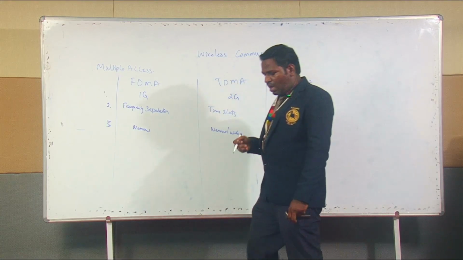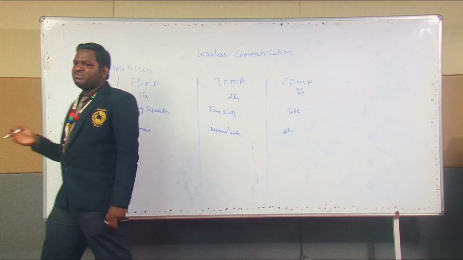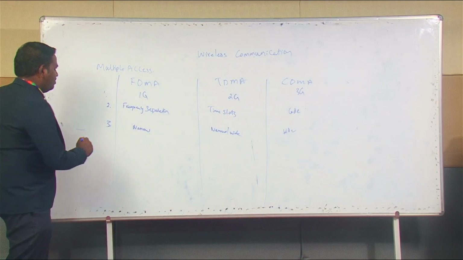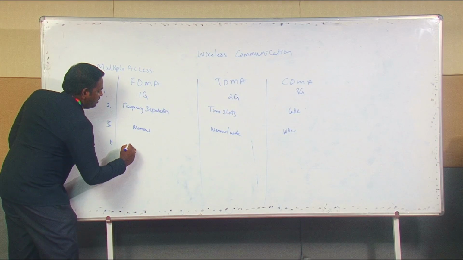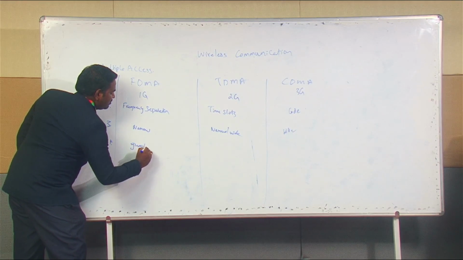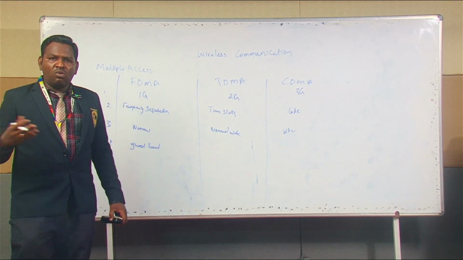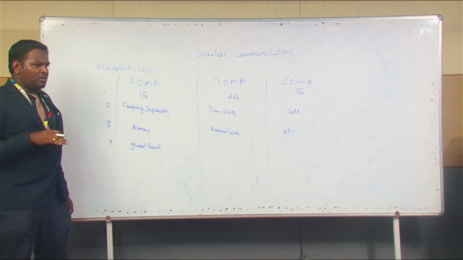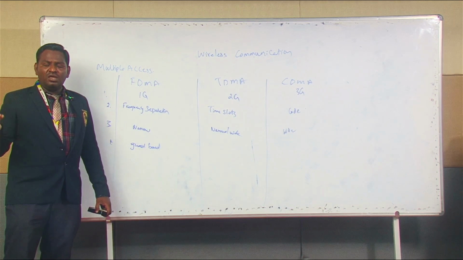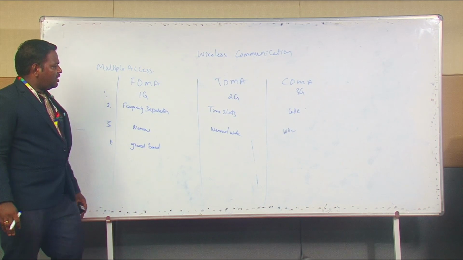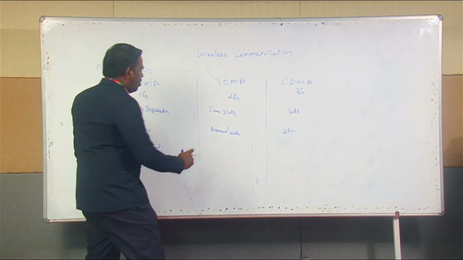Now, to avoid interference between adjacent users, in FDMA we use the guard band. The purpose of the guard band is to avoid interference between adjacent channels, and these bands are not used for any type of data transmission. In TDMA, we use guard time.